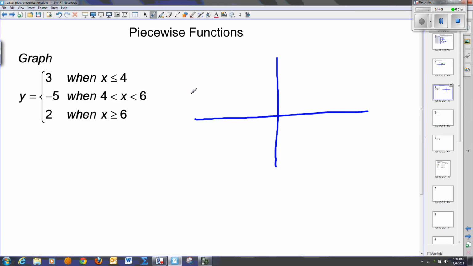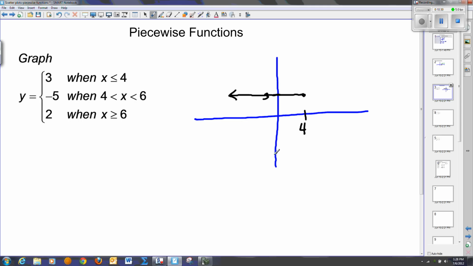The first interval says we'll graph this when x is less than, actually less than or equal to 4. So here's my x value of 4, and I want to graph y equals 3. That's a closed dot because it equals, and a line going to the left.